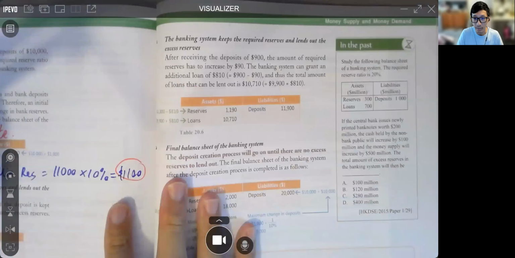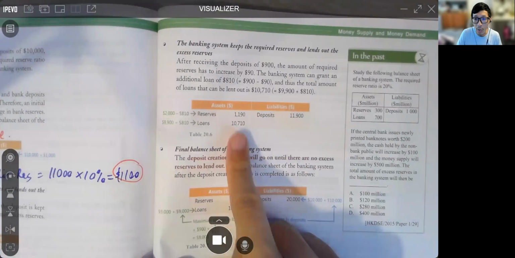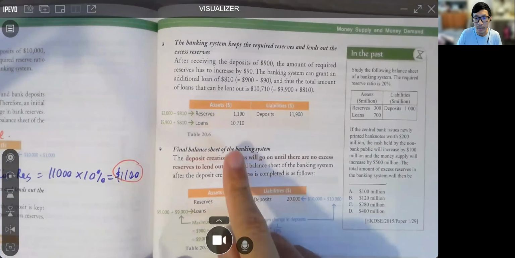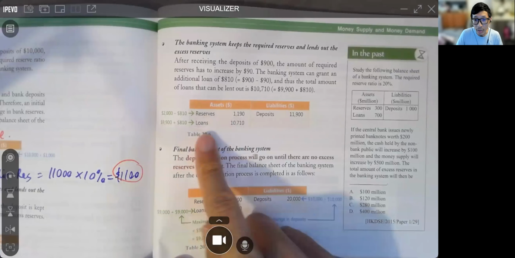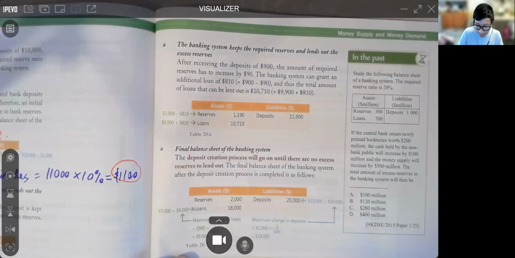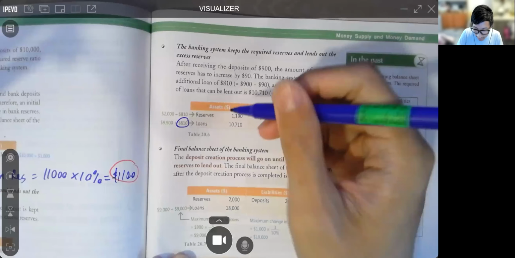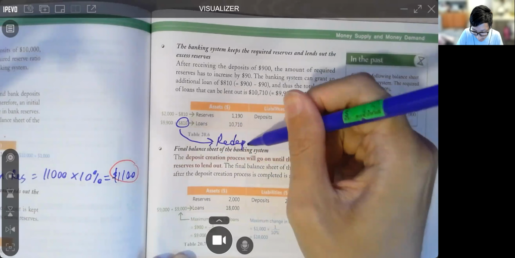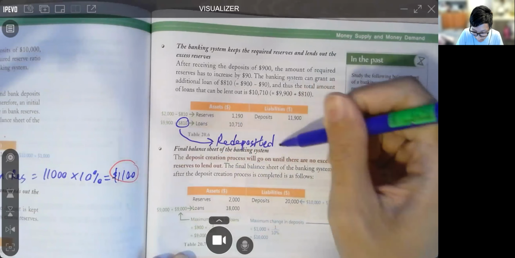So what happened? The bank would again loan out this amount. Okay, loan out this amount. So you see, let's say this 810 is then redeposited. So boys, do you see?